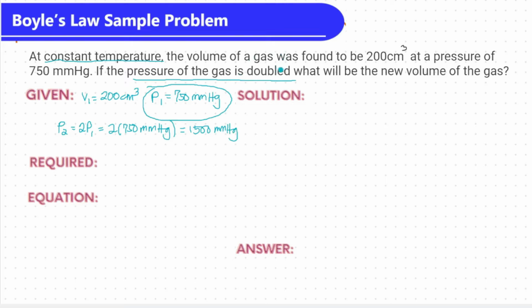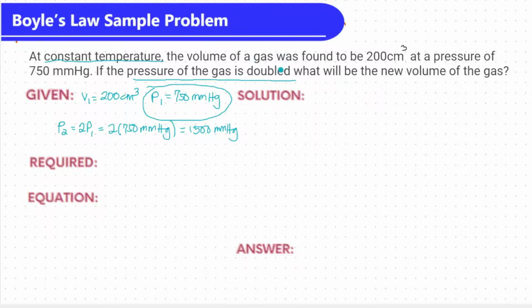So for example here, we have our V1 in cubic centimeters. You are expected to have your V2 also in cubic centimeters. If your P1 is in millimeter mercury, your P2 should also be in millimeter mercury. If you are using other units, then you will be expressing your other value in those units.